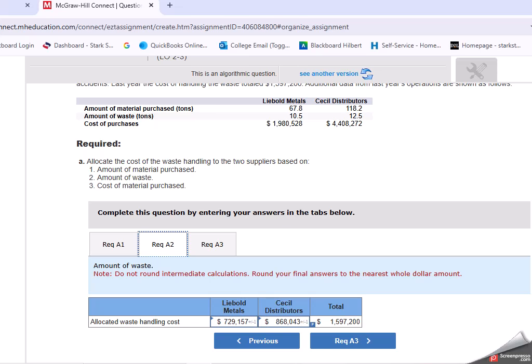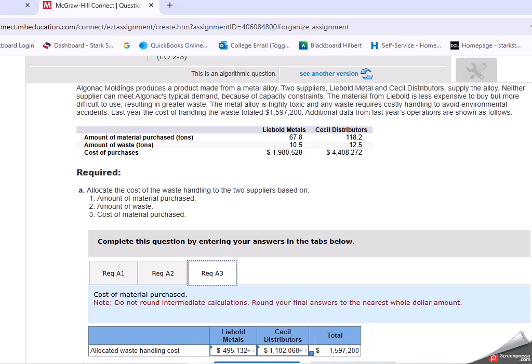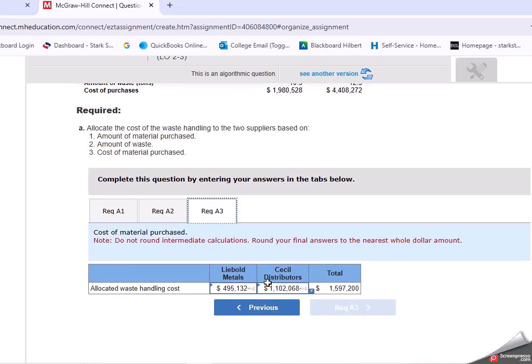And then we'll take that and divide that into, so 1,980,528 divided by 6,388,800 gives us 0.31. That one I don't have to worry about rounding. Multiply that 0.31 times 1,597,200, and that gives us 495,132.